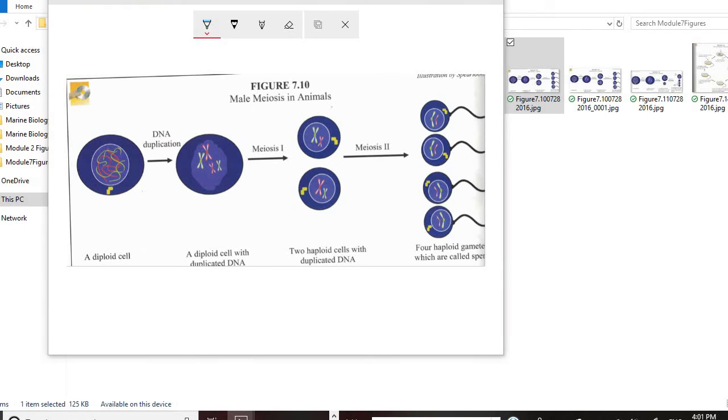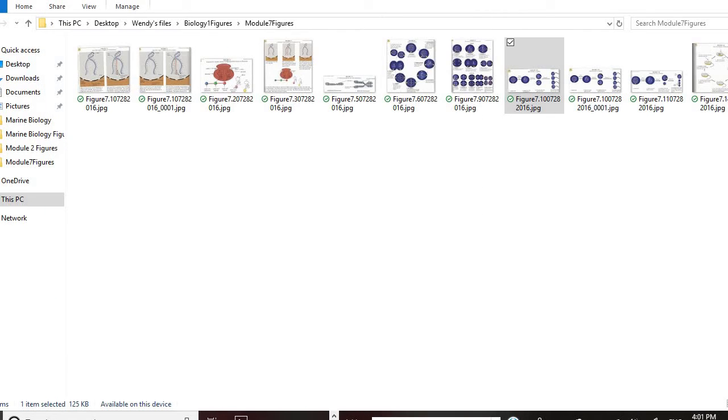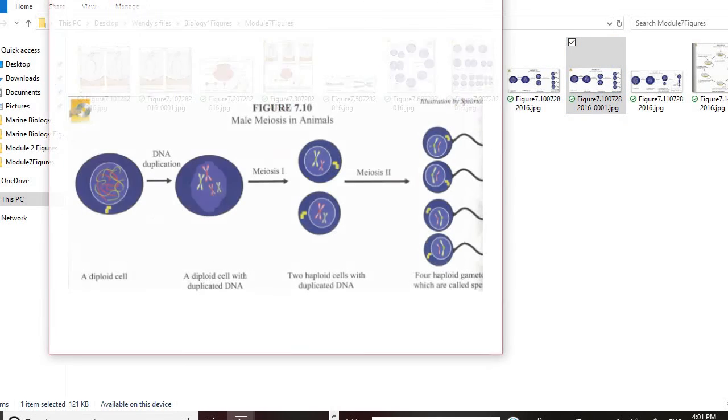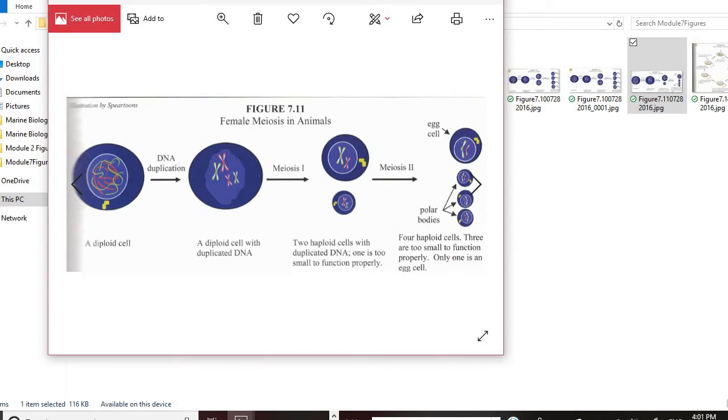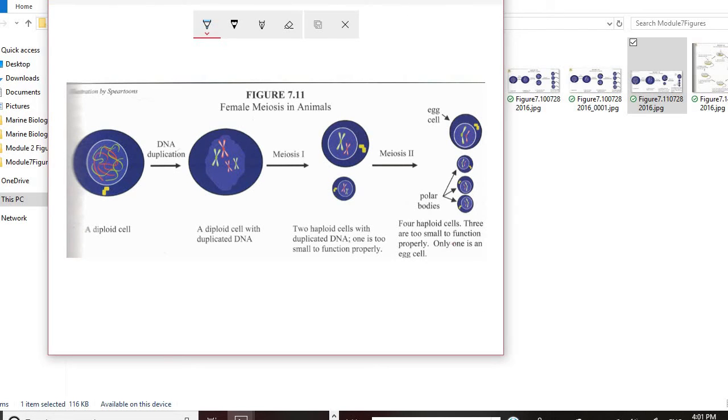Okay, so that is in a male. Now in a female, what happens during meiosis 1 is that when you end up with these two cells, one of the cells takes a lot more of the cytoplasm, and it also takes a lot more of the other organelles. So it's much bigger than the other one.